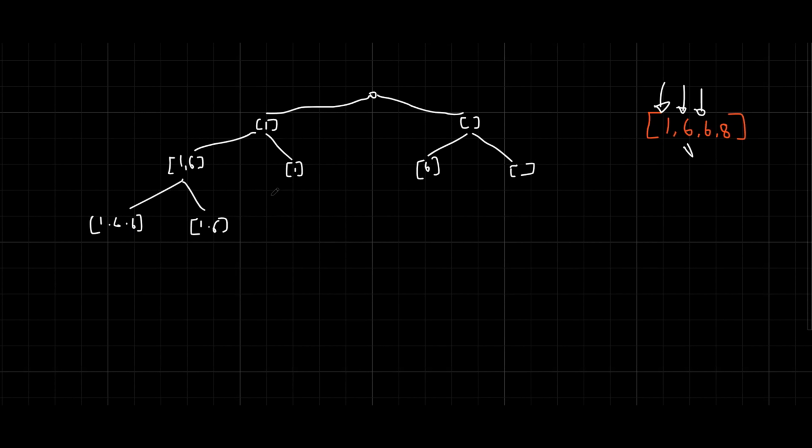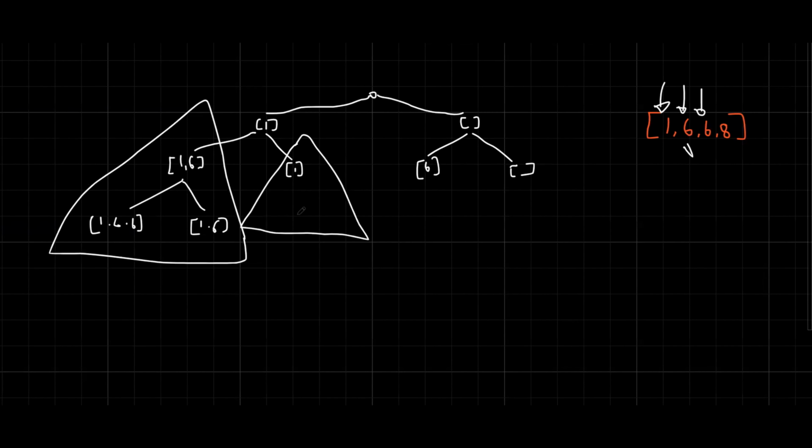Here, the intuition is, in this tree, we have included at least one 6. So, we don't have to include at least one 6 in any other tree. So, we can completely ignore at least one 6 in this tree. It is the actual difference between the previously discussed subset problem and this problem, because in the previous discussion, all of the values are unique, but in this problem, there can be duplicate values.